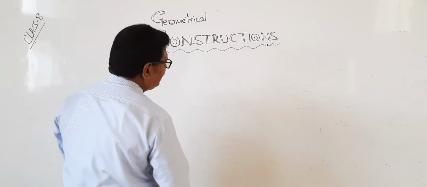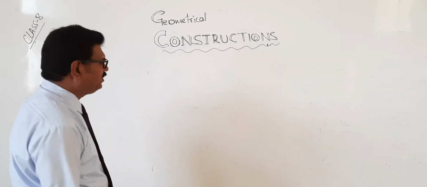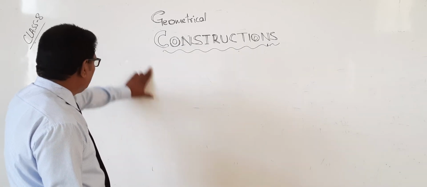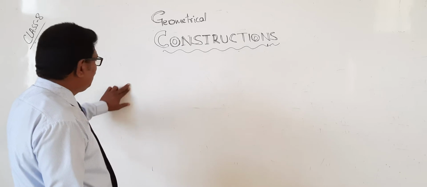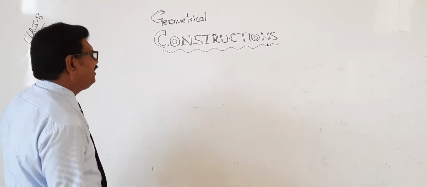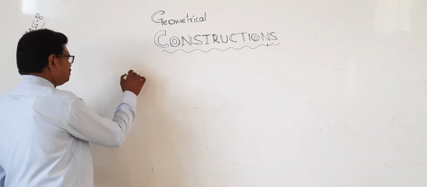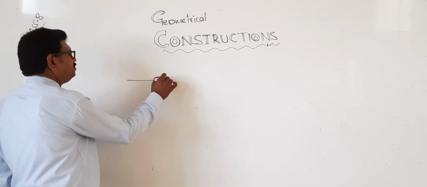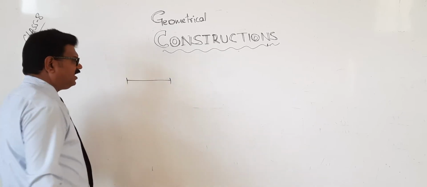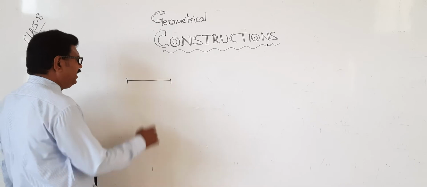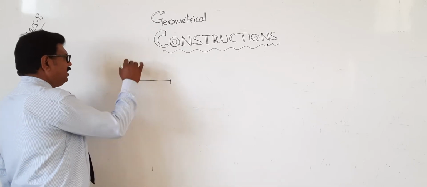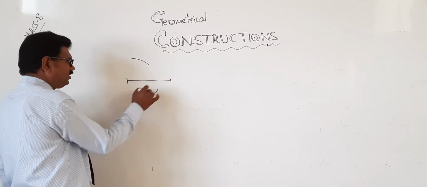After learning how to construct the angles, just to recall what we learned in 7th standard, 6th standard. Very simple. In 6th standard, we just took the line segments and divided them. Divided means more than half, again more than half.